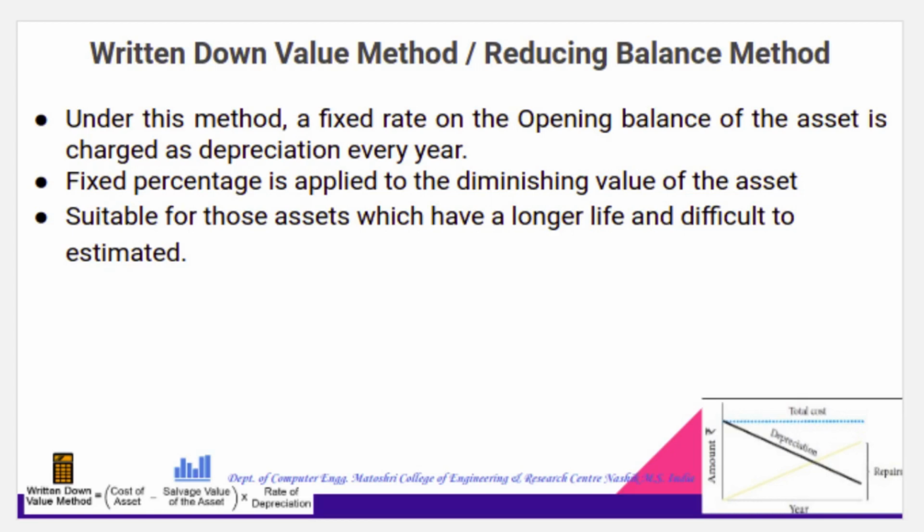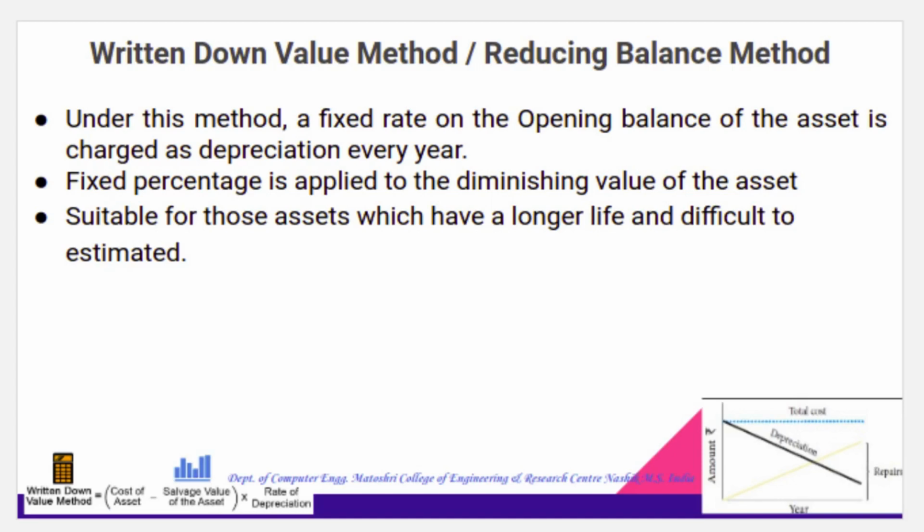When repair and maintenance charges increase gradually, this method is suitable for those assets which have a longer life and which is difficult to estimate. This method is used in case of those fixed assets where the initial repair charges are less and the repair charges are gradually increasing in the years to come.